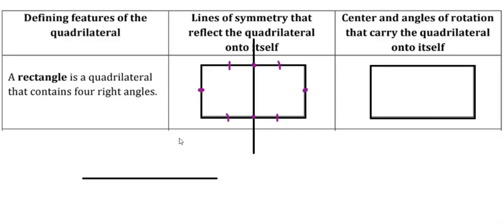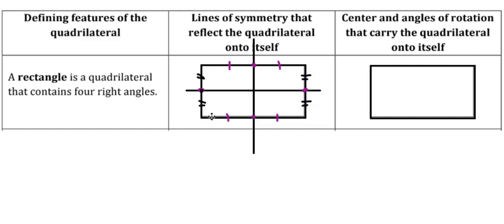So this isn't the only line of reflection. I also have a horizontal line of reflection. Again, I'm connecting the two midpoints. It's important to be specific in describing exactly where your line of reflection is. Again, the midpoints are significant because if this point right here is the midpoint, that means this segment is congruent to this segment over here, and this segment is congruent to this segment over here.